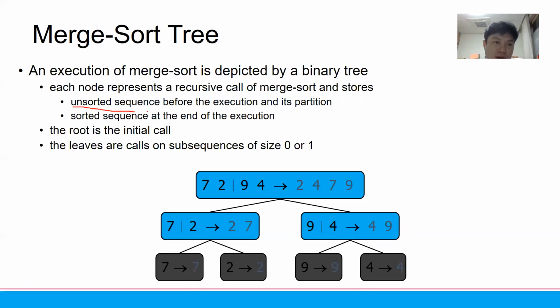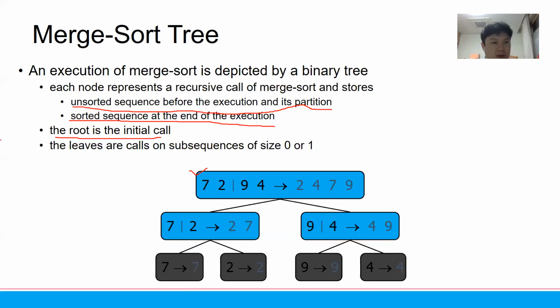We have the unsorted sequence before the execution and its partition, and then it holds the sorted sequence at the end of the execution. The root is the initial call. This kind of tree may have similar characteristics to other trees, but they are different in some cases.